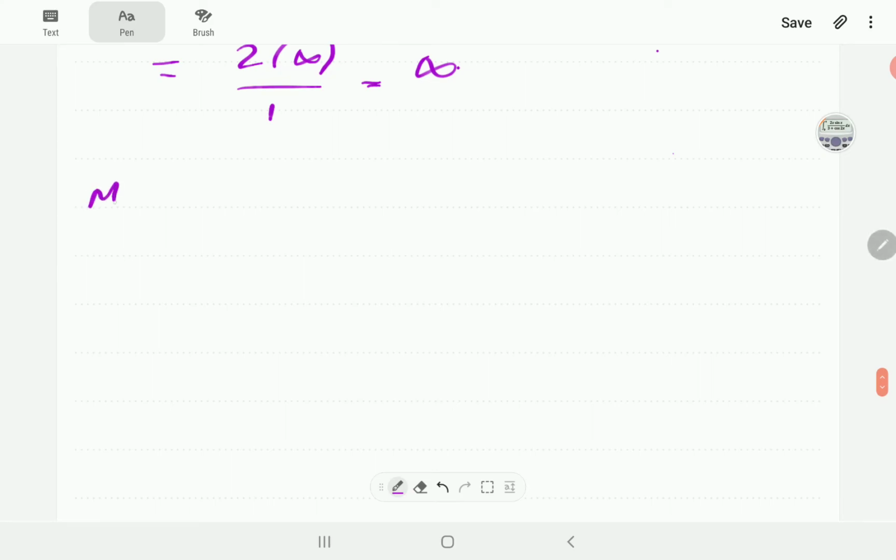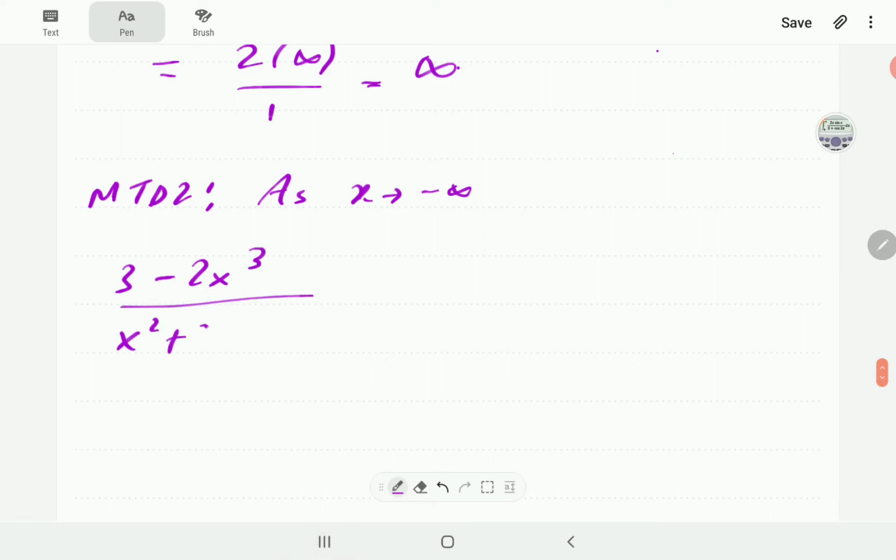Using the second method, as x goes to negative infinity, 3 minus 2x cubed all over x squared plus 2x minus 5.